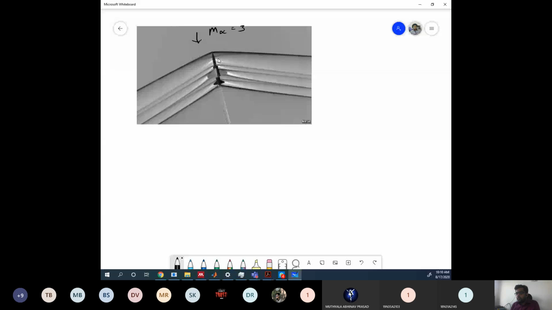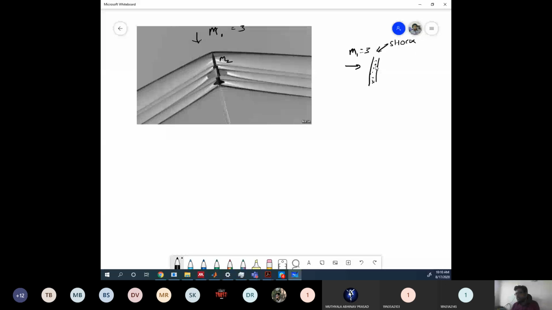So what is the velocity here? Let's say this is M1 instead of M infinity. Let me call this M1. You should be able to predict what is M2 there. Because of this accumulation of air molecules there, whenever the new molecule is colliding with this, let's say M1 was at 3, then when it is colliding with this buffer region or shock region, we call this a shock, where you have a lot of air molecules accumulated.